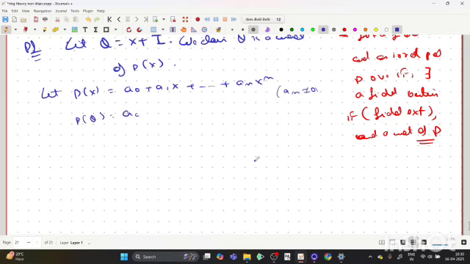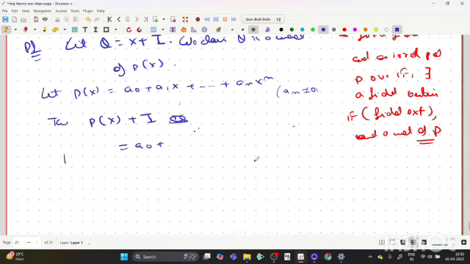So what is p of theta? So this should be a0 plus I, or rather let me first place it inside. I'm doing a bit of a mistake. Sorry. Then p(x) plus I, so I'm taking this polynomial inside the quotient ring.